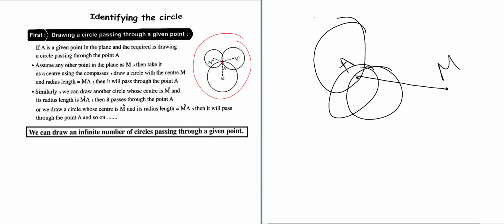And if we define the center and the radius, it will be only one circle. Then we can draw an infinite number of circles that pass through a given point in general.